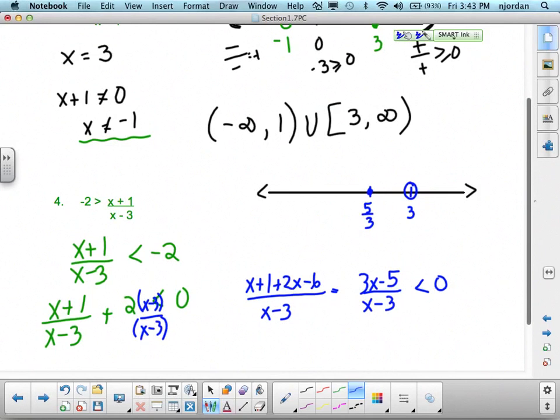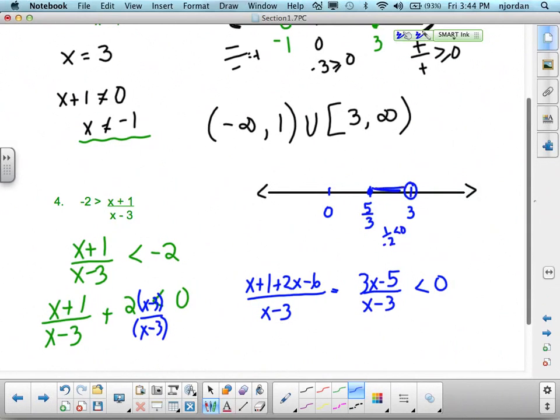So let's pick, we can pick 0 over here. When we plug in a 0, we get a negative over a negative, which is not negative, so we don't include that. A good point to pick between 5/3 and 3 might be 2 to make it a little easier for us. So we'll get 6, which would be 1 over -2, and that is less than 0.